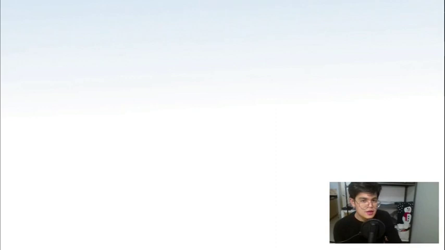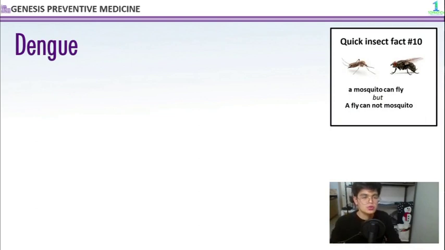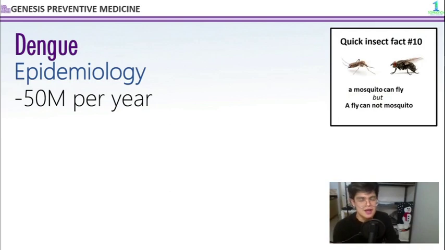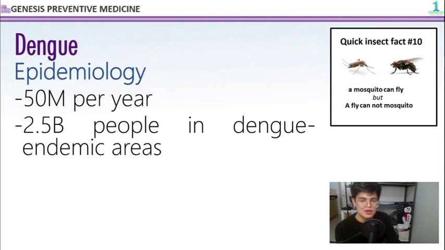So for our next topic, after TB and rabies under the common diseases spectrum, we now proceed to dengue. So quick insect fact number 10, a mosquito can fly but a fly cannot mosquito. For epidemiology of dengue, it occurs at an incidence of 50 million per year, and 2.5 billion people live in dengue endemic areas.